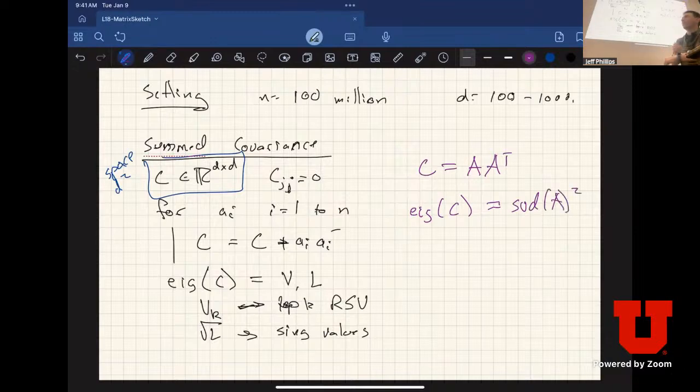We did this at the end of the lecture on Wednesday, where the eigen decomposition encodes the right singular vectors and the squared singular values as the eigenvalues. So once I have this, I can just read these off. Okay, so this has no approximation, and this works well if d squared space is okay. If I'm at 100 to 1,000 dimensions, or even less than that, 10 dimensions, and I want to get down to 2, this is pretty efficient.